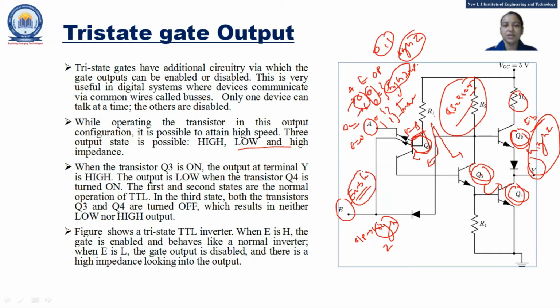And if the enable is 1, it works as an inverter. Similarly, let us see with enable equal to 1 and A equal to 0.